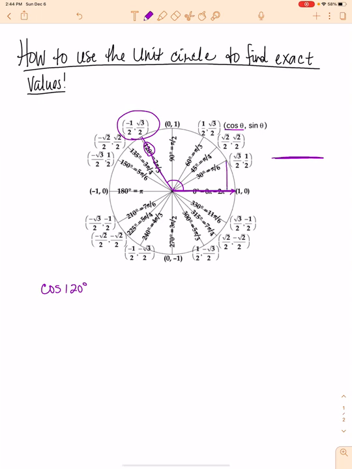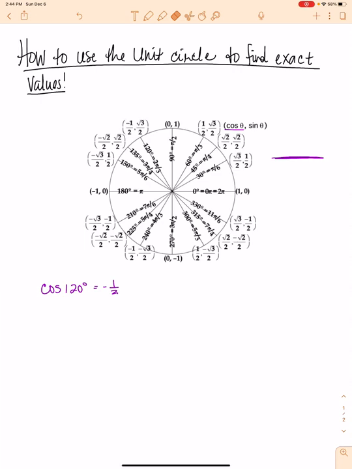And remember, we talked about how the right triangle formed right there, that the cosine corresponds to the x value and the y value corresponds to the sine. All right, so in this particular ordered pair, this is the x value of -1/2, so that is the value of cosine 120 degrees. Neato.